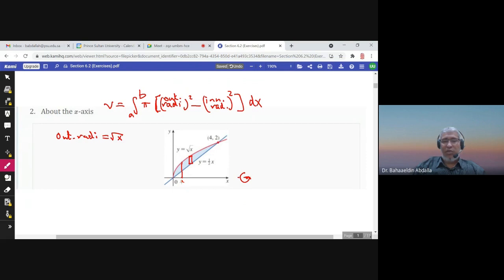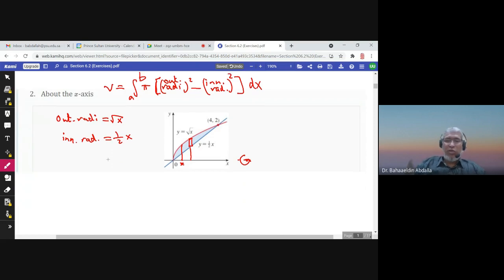That's the outer radius. Now for the inner radius, I need the distance from here to here, to this line, to the inner curve. This line is half x, so the radius would be y equals half x. So the inner radius is half x.